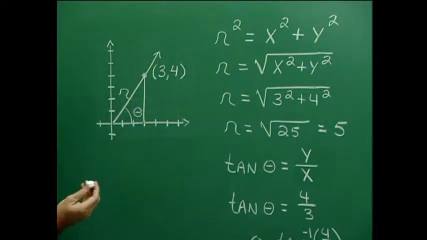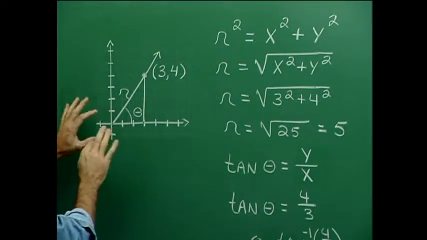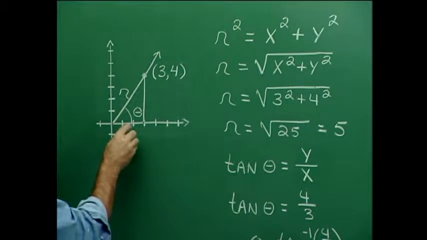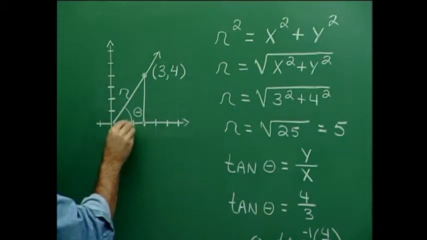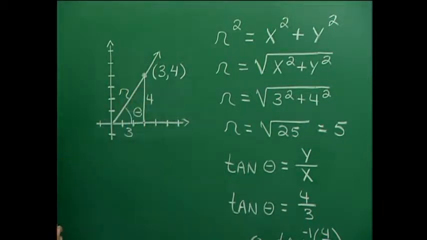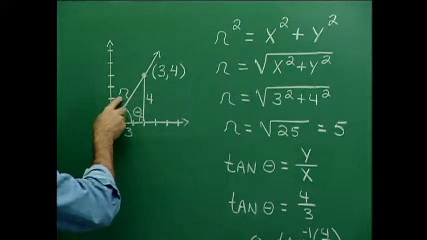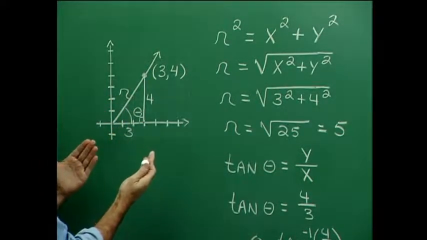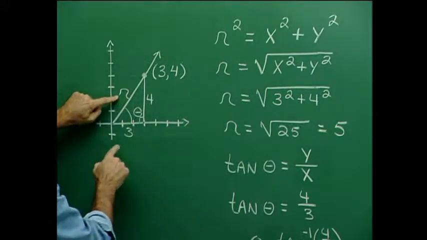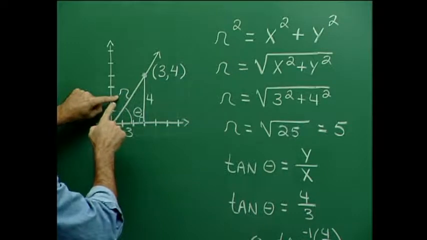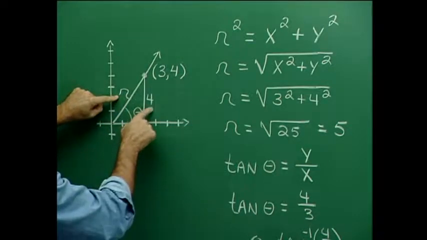And we can understand very quickly how this angle and distance r can be calculated. The coordinates here are (3, 4), so that's 3 and 4 here on our little right triangle. The r value would be calculated according to the Pythagorean relationship. r squared is equal to 3 squared plus 4 squared. In general, r squared is x squared plus y squared, so r is the square root of the sum of those squares. For this problem, r is the square root of 3 squared plus 4 squared.